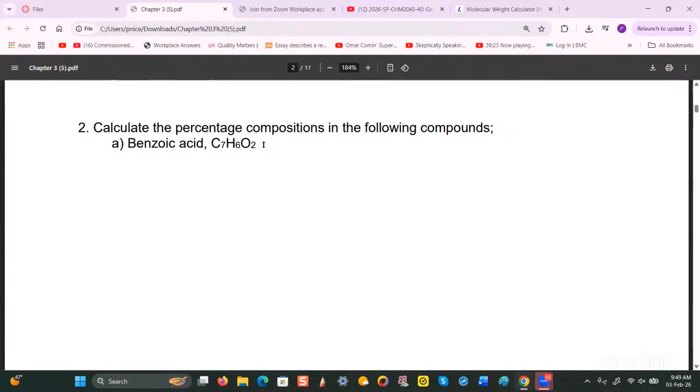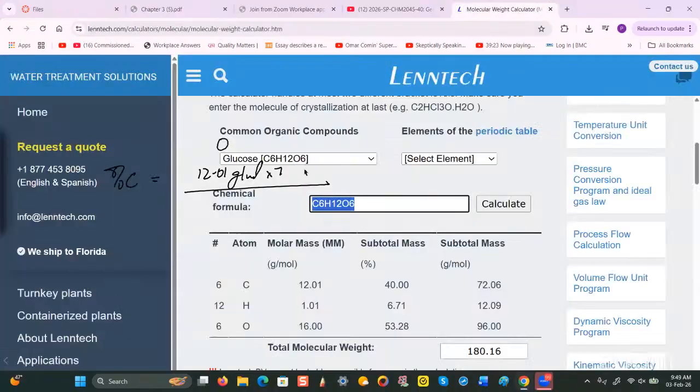So in the case of carbon, to get the percentage of carbon, you take the molar mass of carbon, which is 12.01 grams per mole. And because you have a 7 here, you multiply that by 7. And then you're going to divide that by the sum total of the molar masses of everything. Again, I'm going to go to my molar mass calculator.